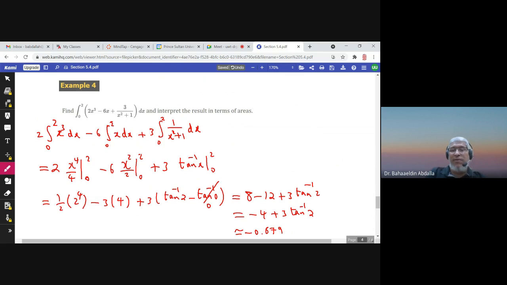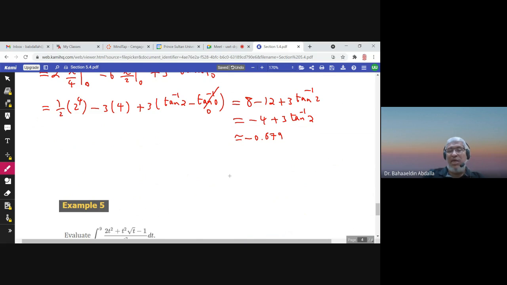So this is the answer. This is the value of the definite integral. Interpret the result. The result is negative. So this is the net area. If the result of the definite integral is negative or 0, then it is the net area.